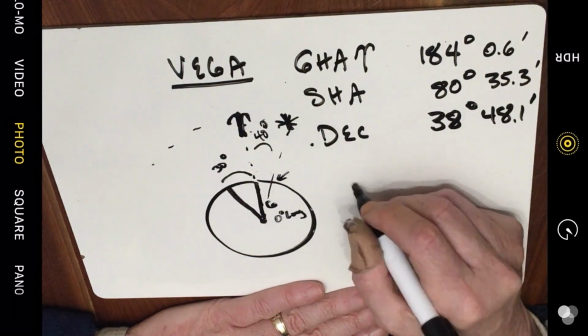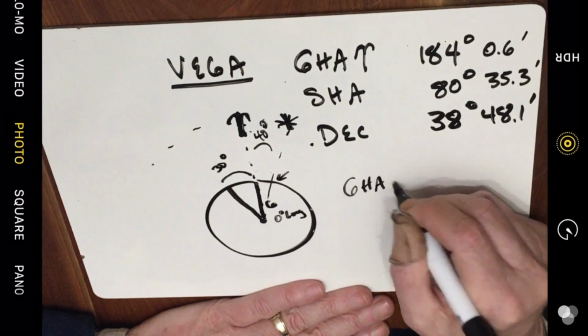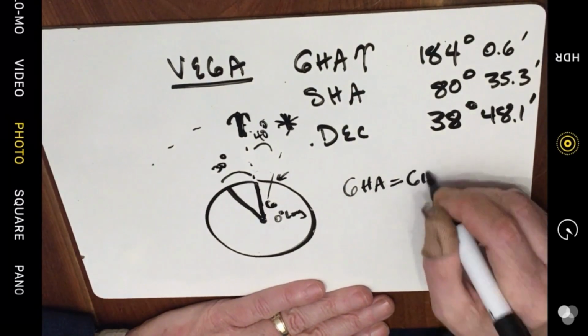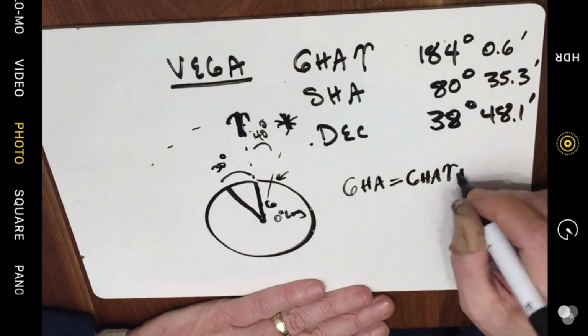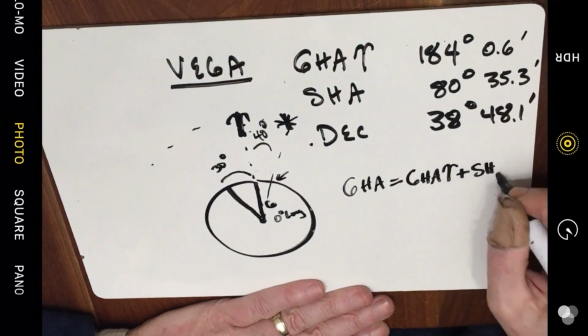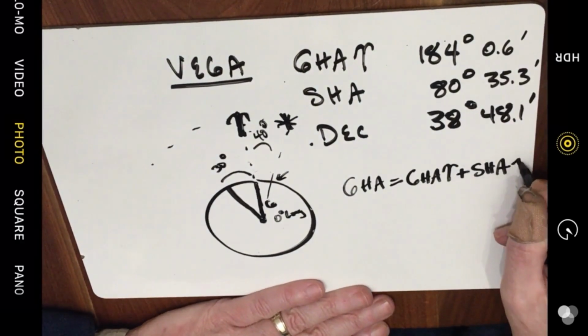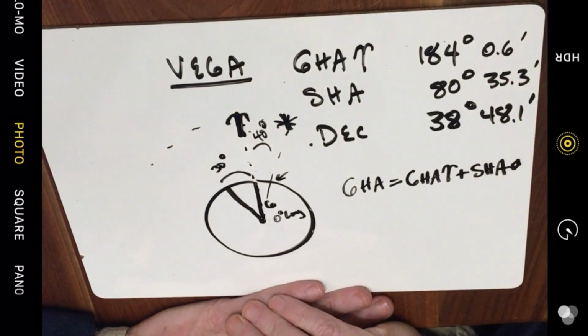So the Greenwich hour angle equals the Greenwich hour angle of Aries plus the sidereal hour angle of the star. Does that make some sense to everybody now?